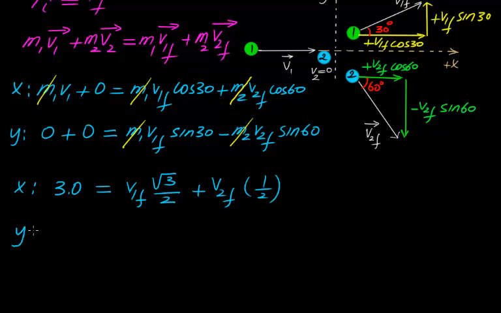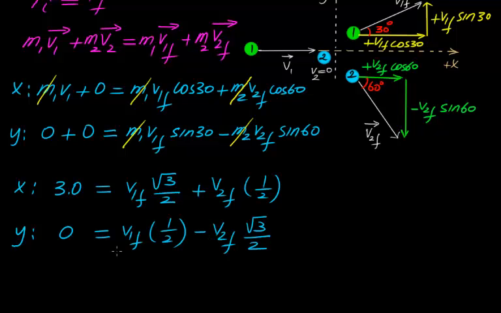In a similar way, the y component will be 0 on the left-hand side because v1 is lined up along the x. That is going to equal v1 final sine 30. Sine 30 is equal to 1/2. Therefore, v1 final times 1/2 minus v2 final sine 60, which is equal to square root of 3 over 2, v2 final square root of 3 over 2.